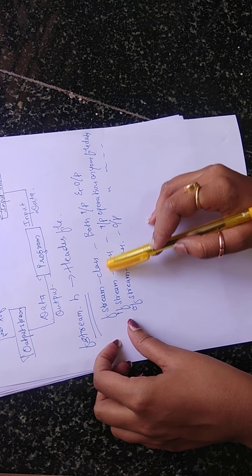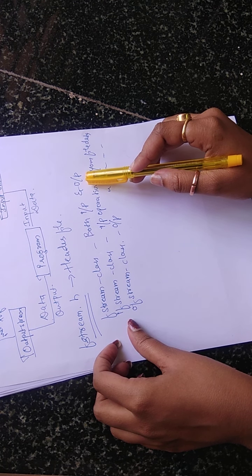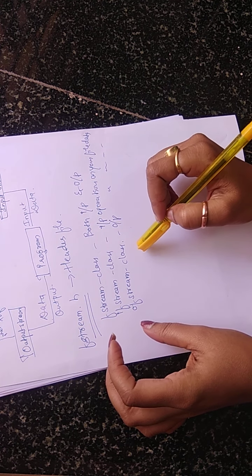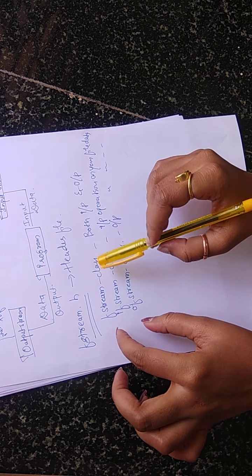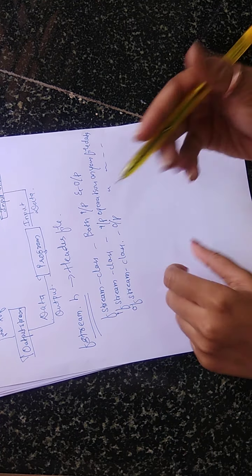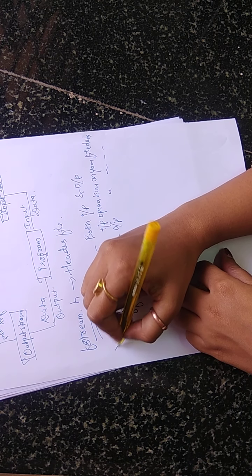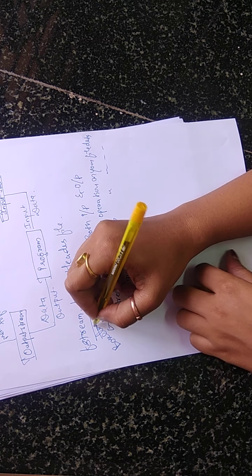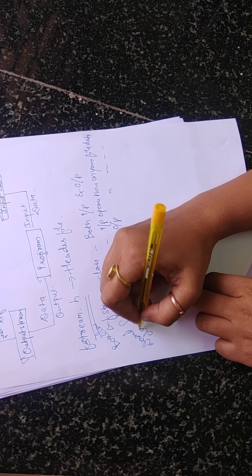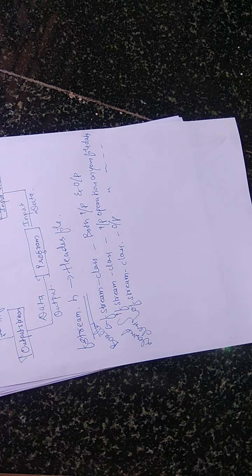So in fstream, both input and output can be carried out together. When you see the classification, we can observe that ifstream and ofstream are the derived classes of the base fstream class. Here fstream acts like the base class, and these act like derived classes. Fine.